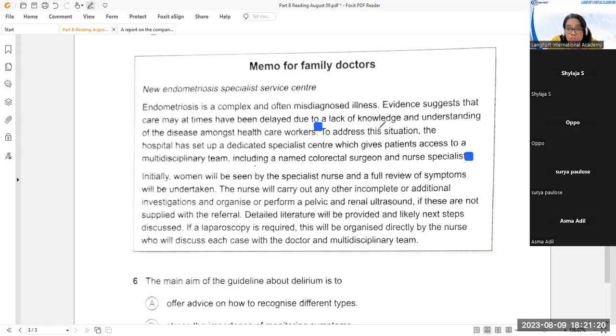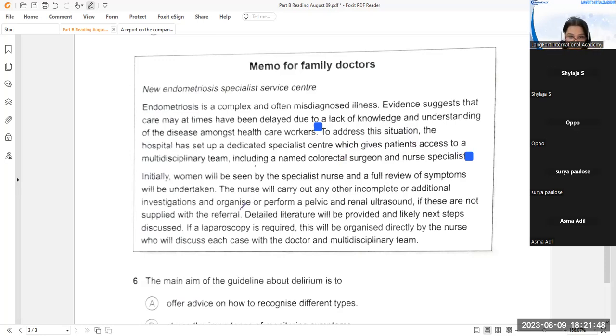To address this situation, to deal with this complex misdiagnosed illness where the care has been delayed because of lack of awareness and lack of knowledge among healthcare workers, the hospital has come up with a specialist center which gives patients access to a multidisciplinary team, a team of healthcare professionals from different disciplines, especially including a colorectal surgeon and a nurse specialist.